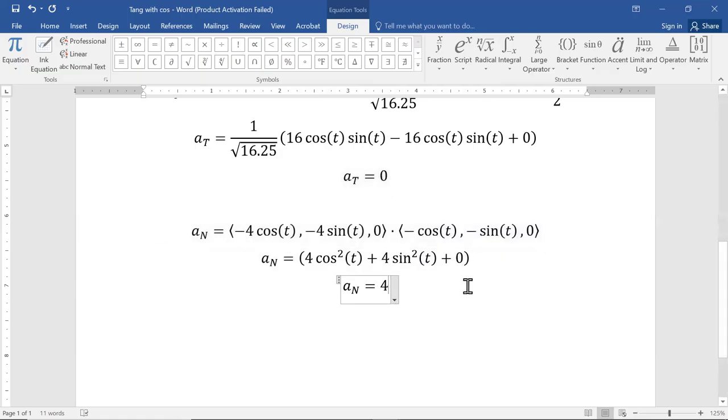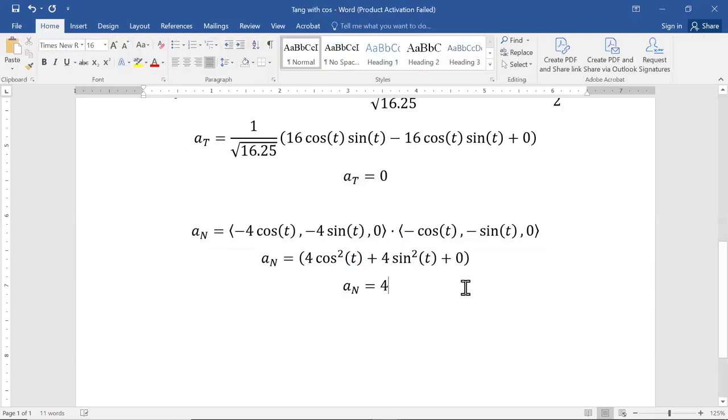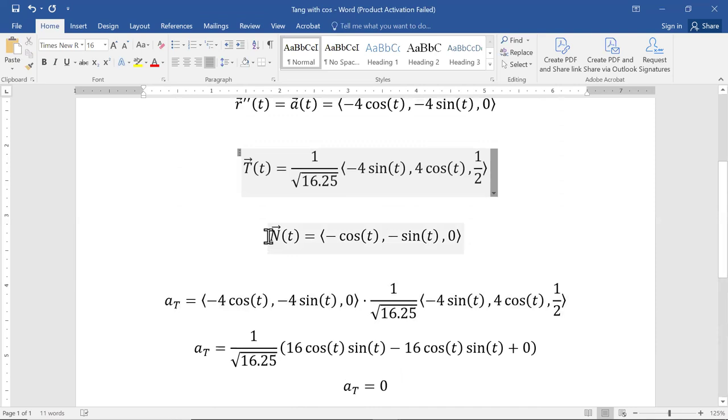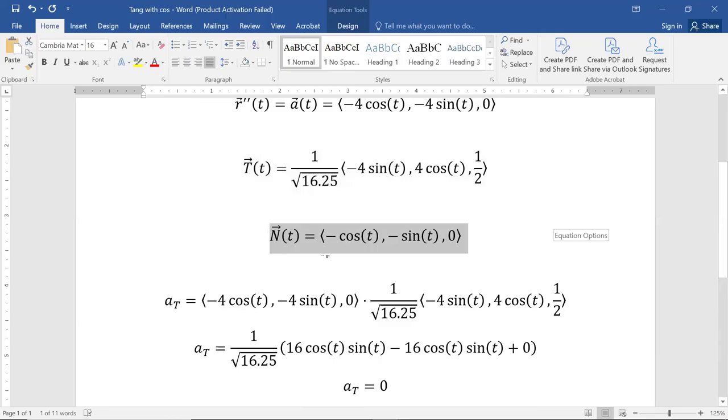So what's this tell me? Well, this tells me that my acceleration vector is going to be pointed in exactly the same direction as my unit normal vector. In fact, it's going to be 4 times my unit normal vector, and there's going to be no acceleration component in the direction of my unit tangent vector.